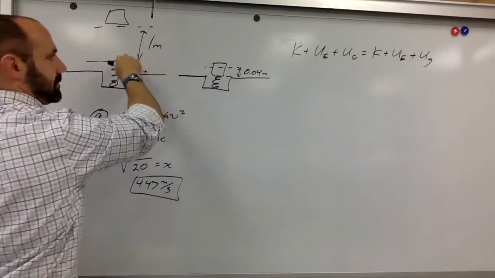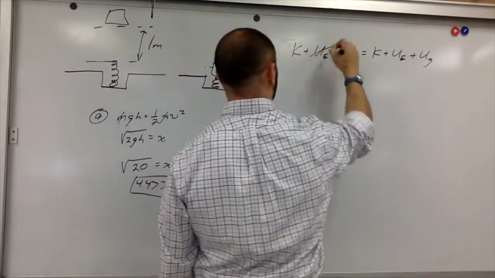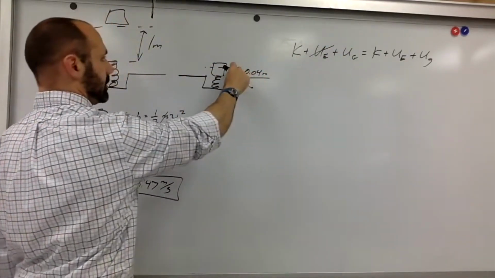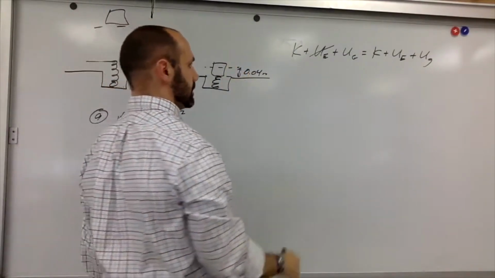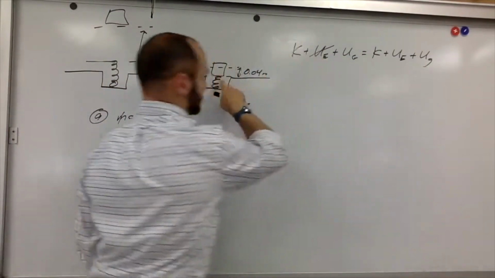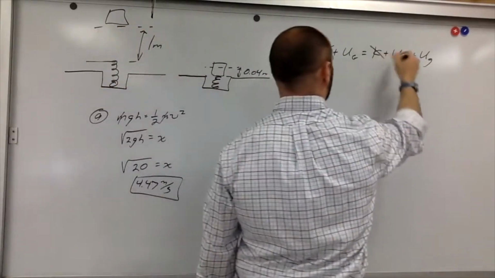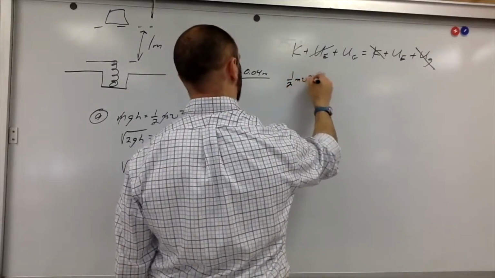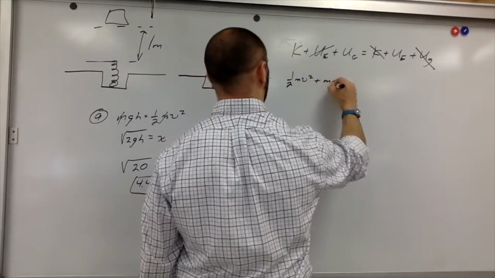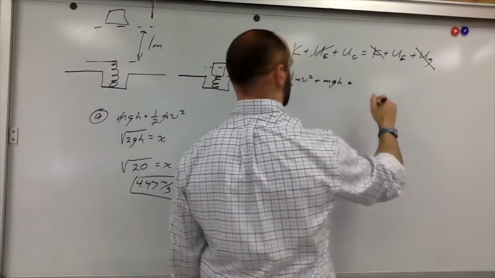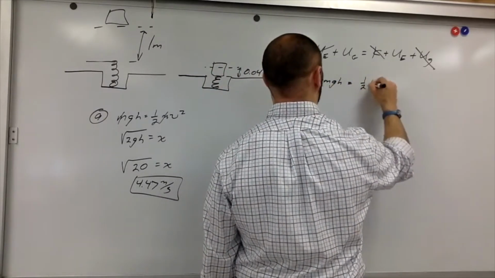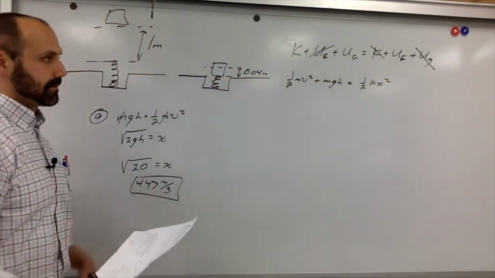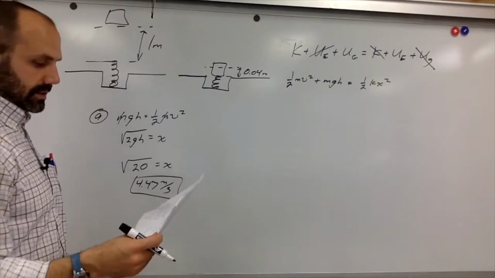When it just hits the top of the spring, it doesn't have any elastic potential energy, but it does have kinetic and some gravitational potential energy because it's still above a little bit, right there. Later on, when it comes to rest here, these are out, and I only have elastic potential energy. So I have 1/2 mv squared plus mgh equals 1/2 kx squared. And I know all these things, so then I can substitute them in and find what k is.